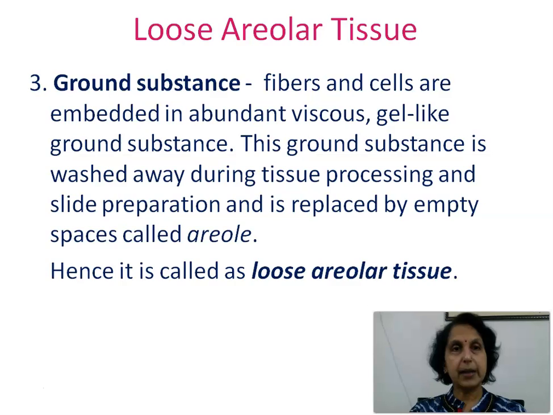Fibers and cells are embedded in abundant viscous gel-like ground substance. This ground substance is washed away during tissue processing and slide preparation and is replaced by empty spaces called areolae. Hence, it is called as loose areolar tissue.